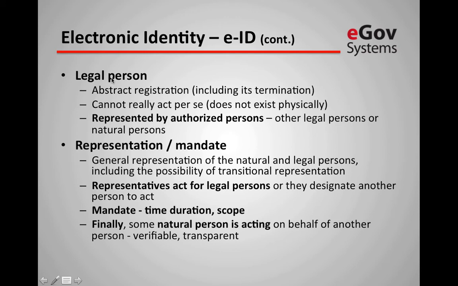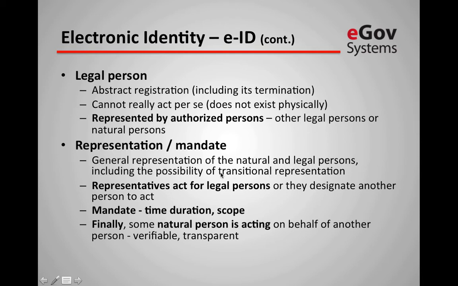Legal persons, companies, also have an abstract registration, but as legal persons they cannot really act because they don't exist physically. That means they have to be represented by other persons. They may authorize other persons to act for them on the internet. This representation or mandate is actually a general representation between natural and legal persons, including also transitional representation.